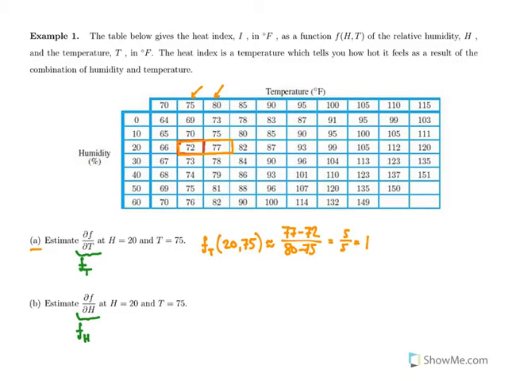We could have also gone in the opposite direction and said maybe that F sub T of 20, 75, we'll write out some more detail here, could be F of 20, 70 minus F of 20, 75.